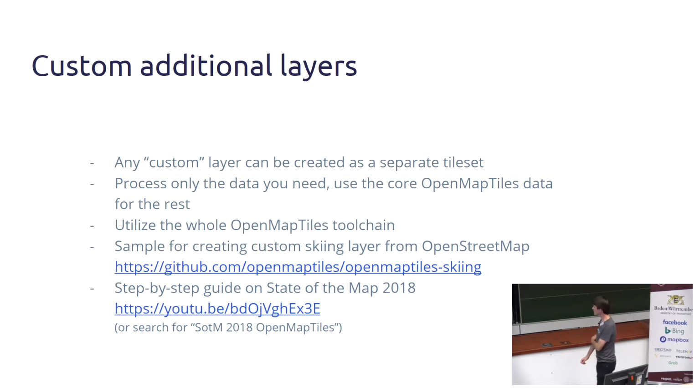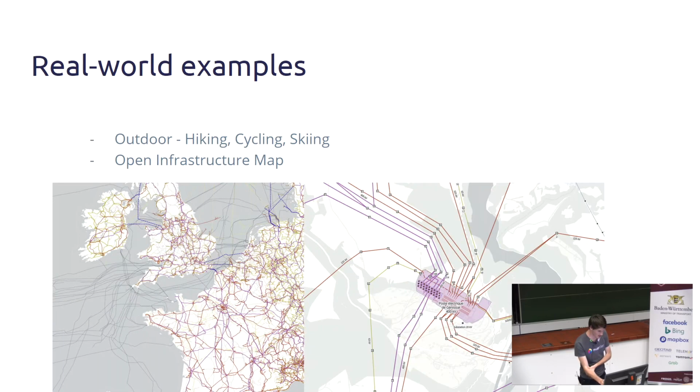So what we already created, we created one sample layer. It's available on the GitHub. It's a layer which contains the things for skiing, like slopes and lifts and things like that. And we are also thinking about other things, other use cases.